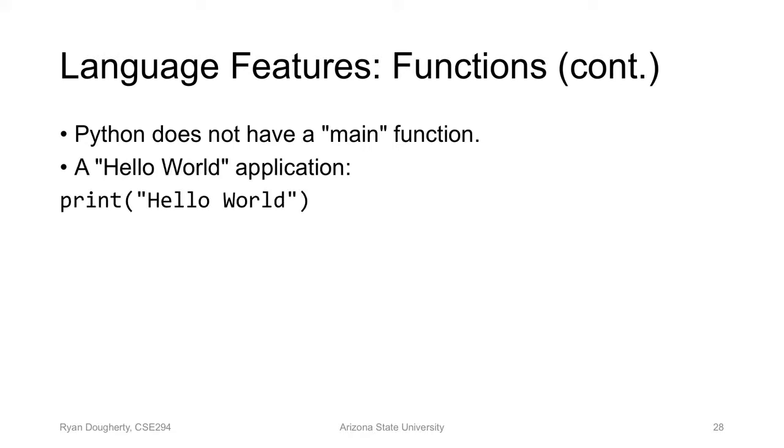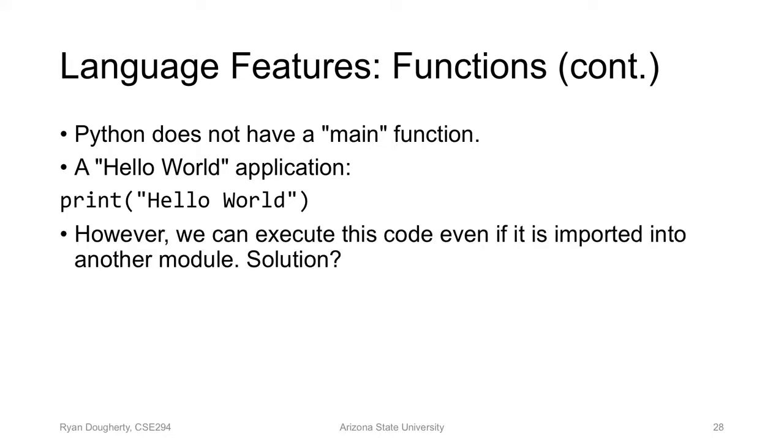So obviously, simple hello world applications print a particular string, but the problem with importing modules is that when you import a module, it'll execute the module, which is kind of weird, right? So what if we wanted to import a module, but we didn't want to execute it at all? What would we do?